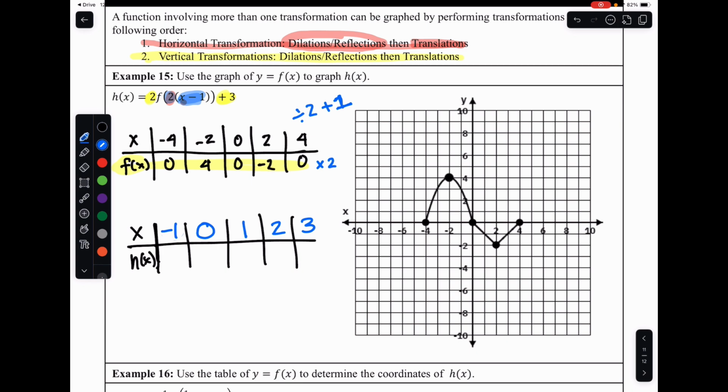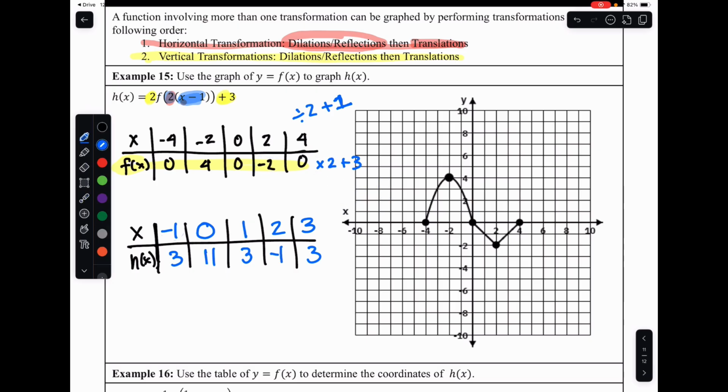So starting with 0, 0 times 2 is 0, plus 3 is 3. And now 4. 4 times 2 is 8. 8 plus 3 is 11. Again, 0 times 2 plus 3 is 3. So I know that the last number is also going to be 3, because it's the same value as before and I'm doing the same operations. So now negative 2. Negative 2 times 2 is negative 4, and negative 4 plus 3 is negative 1.